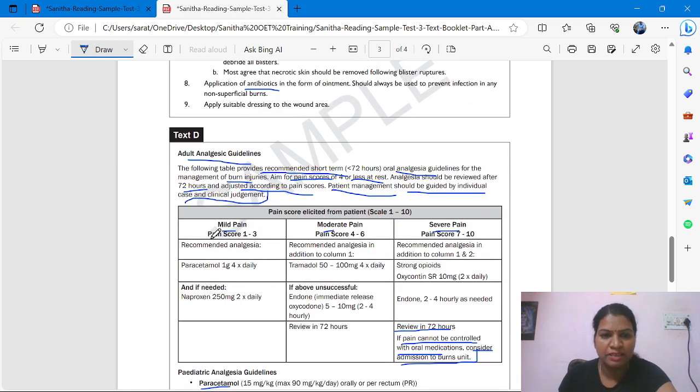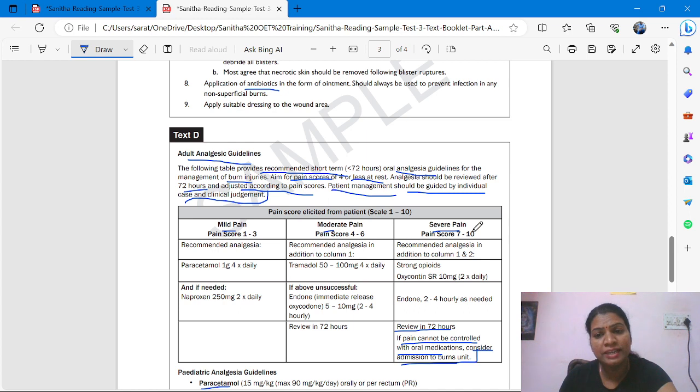How? Say pain score. If it is 1 to 3, the patient will say it is a mild pain. Pain score is elicited from the patient. For 1 to 3, recommend analgesia. Like that we get the information and we have to administer by pain score. If pain score is 4 to 6, we have to give tramadol.